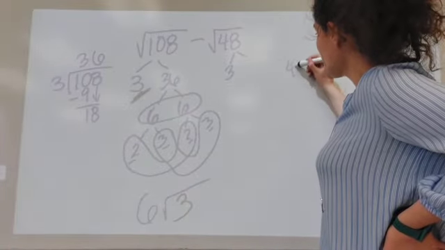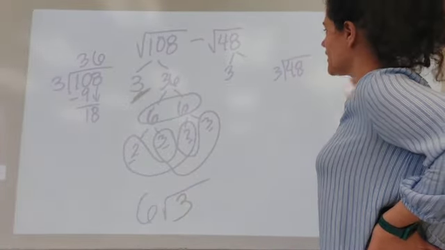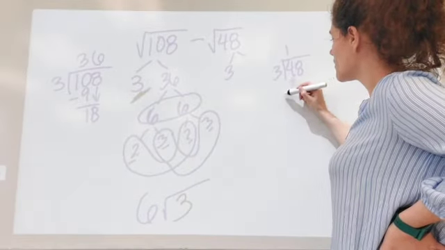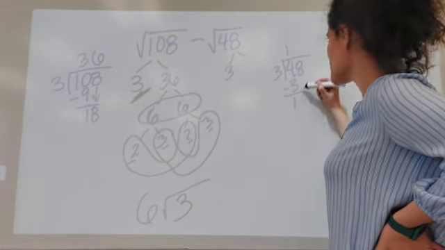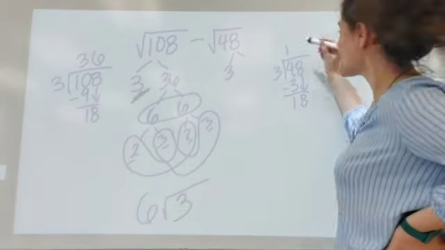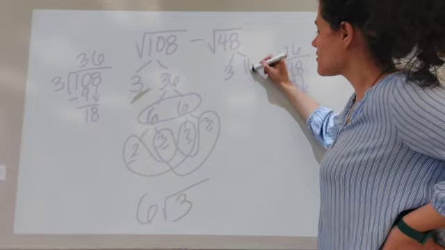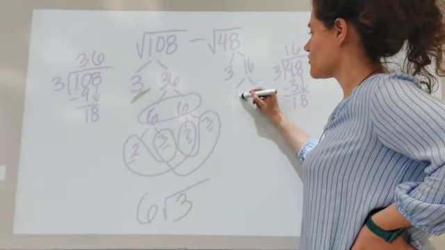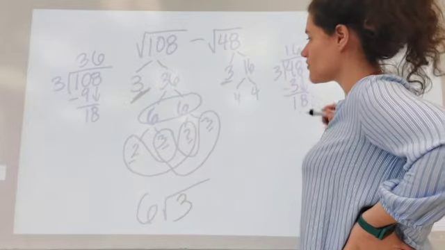So 48 divided by 3. 3 goes into 4 one time. 4 minus 3 is 1, so you break down your 8, and then 3 goes into 8 6 times, so that gives me 16, which splits into 4 and 4.